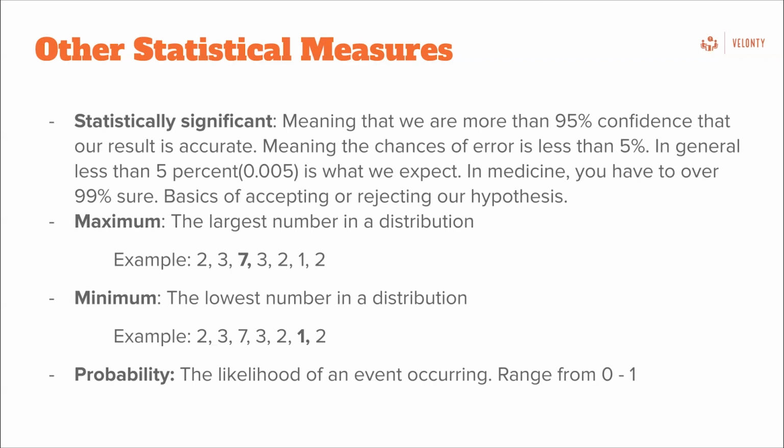Remember the words I'm using: I'm not saying income does not affect health, I'm just saying I do not have the evidence to say that income affects health. But if my p-value is less than 0.05, then I can say that income most likely affects health.